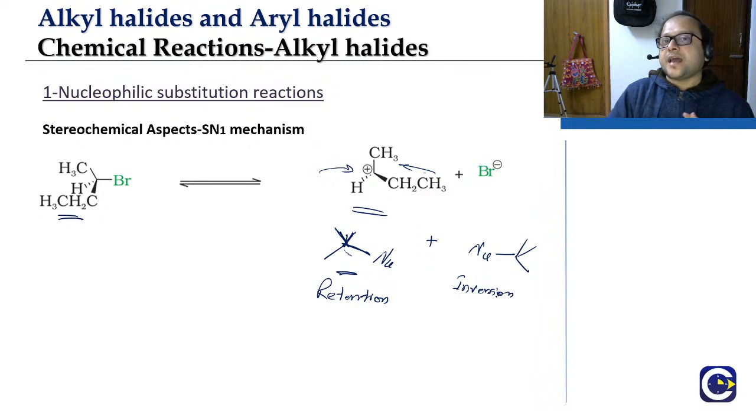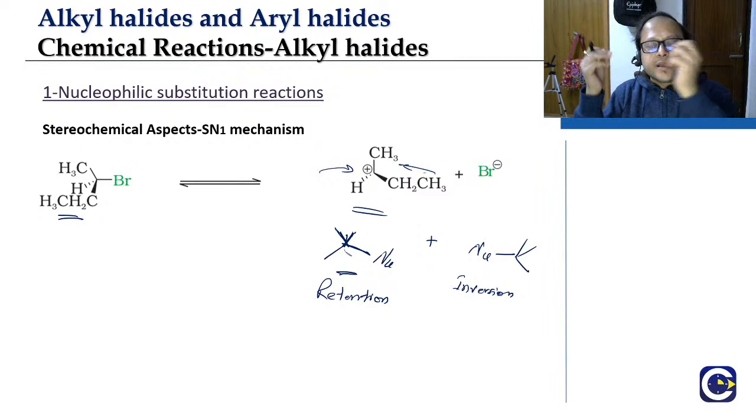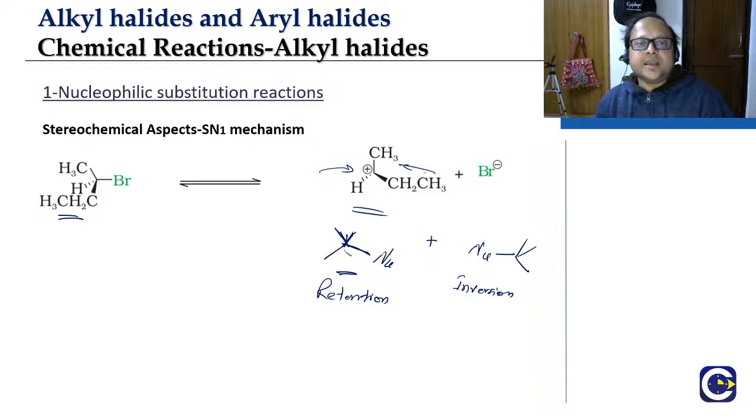So retention and inversion both take place in the SN1 mechanism. So equal amounts of both are formed. That means one will be obviously levo and the other is going to be dextro, and vice versa, and both of them will nullify each other, which means in this case we are not going to get your desired product.